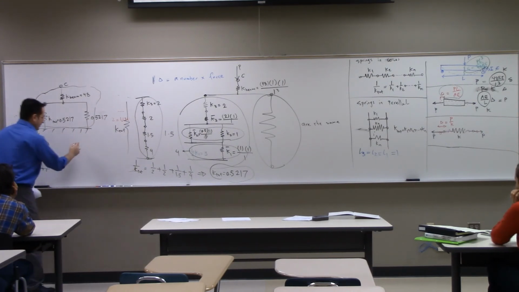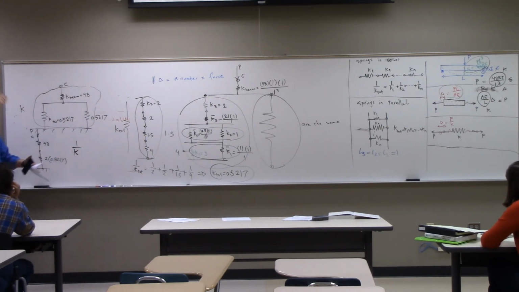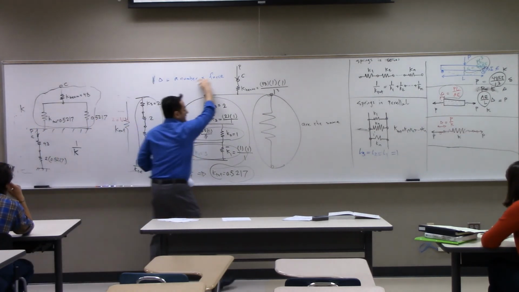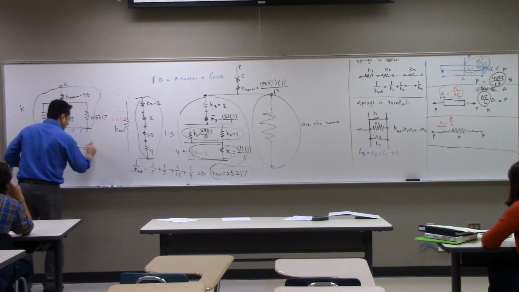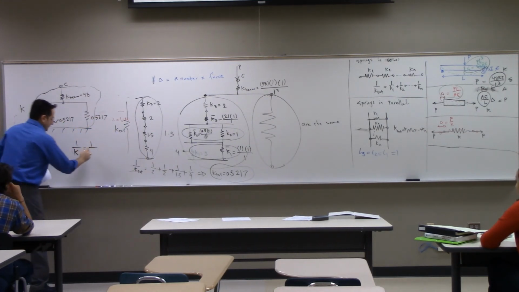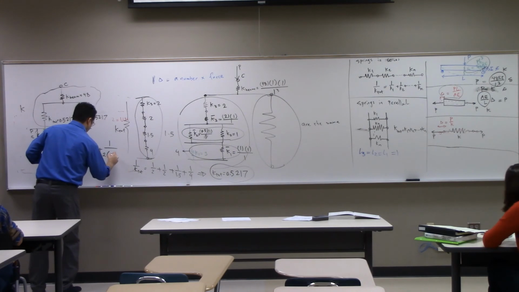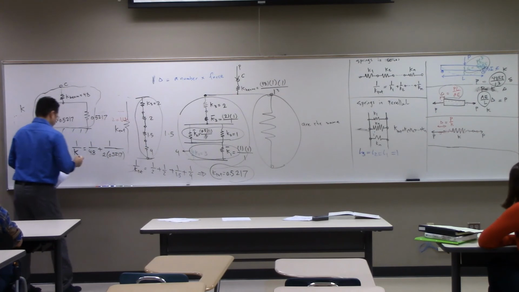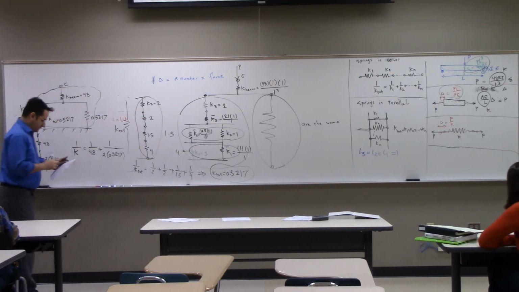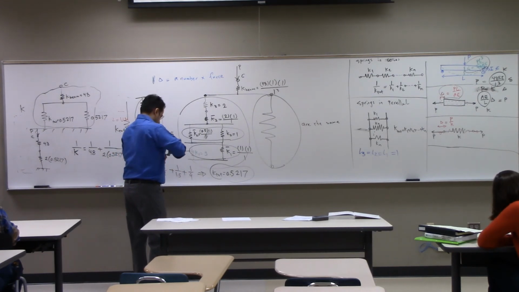So I say 1 over k total, which I just call k. This is the real total equivalent to the entire thing, right? Between point C and ground, the entire system. So 1 over k is equal to 1 over the spring constant of the first one, 48, plus 1 over the spring constant of the second one, 0.5217. Now, put it in the calculator.